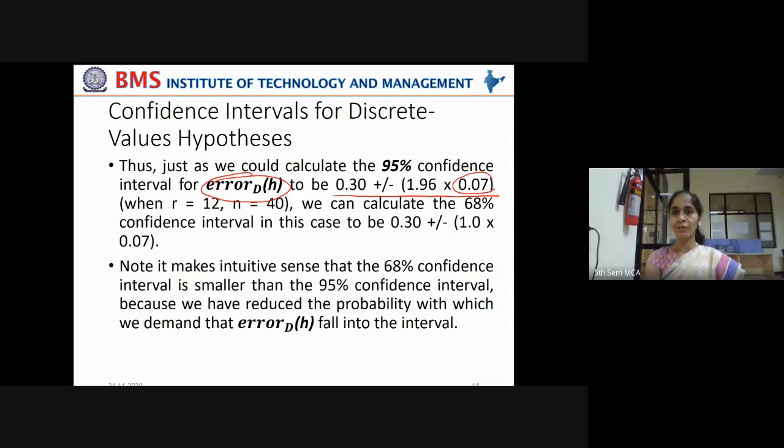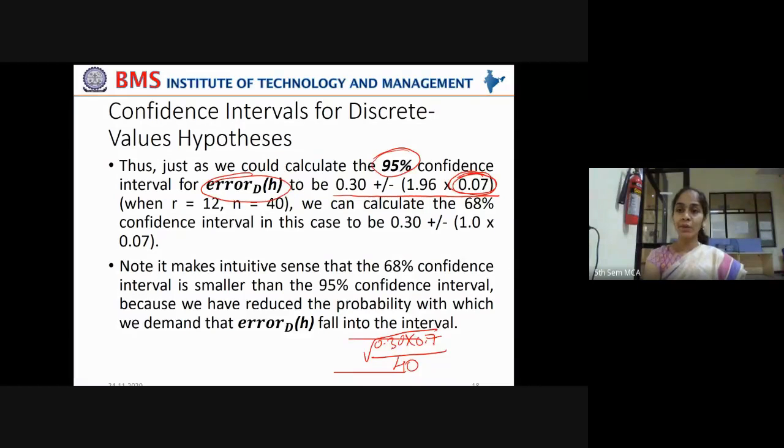That will give you 0.07. You calculate that. It is square root of 0.30 multiplied by 0.7 divided by 40. You will get 0.07. So that will give you the true error when you take 95% confidence interval.